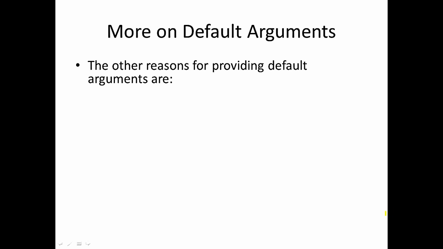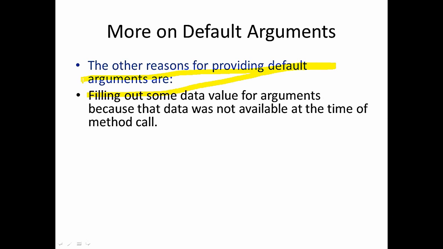There are other reasons for providing default arguments. These are filling out some data value for arguments because data was not available at the time of method call. We want to provide some default value in absence of certain data that was not provided. In fact, databases do that very nicely all the time.